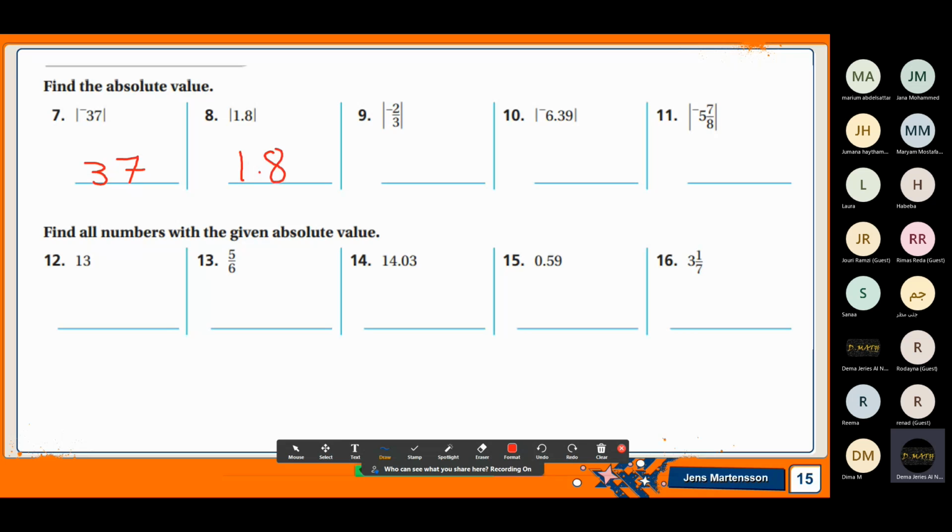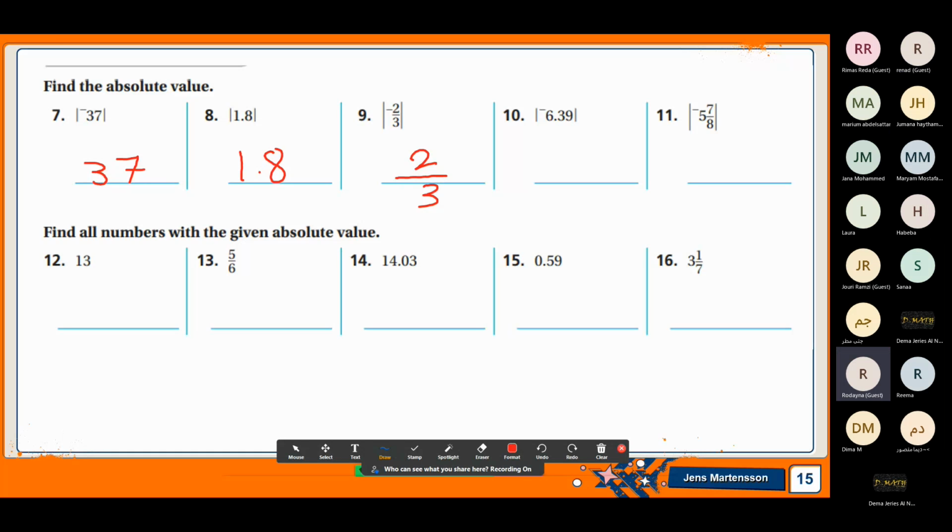Thank you. Now, Rimas. What is the absolute value of negative 2 over 3? It's positive 2 over 3. Bravo. Now, Rudaina. What's the absolute value of negative 6.39? 6.39. Bravo.